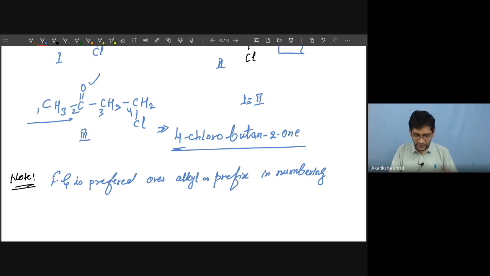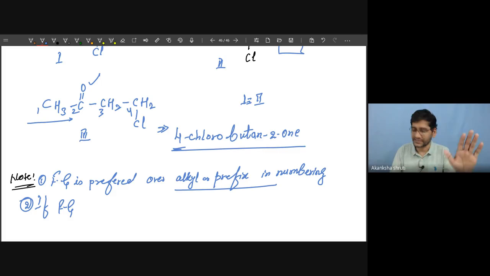Okay student, you may write here: if a functional group like aldehyde, ketone, or double bond is not there, then we shall consider the numbering of the prefix or alkyl group itself, right?